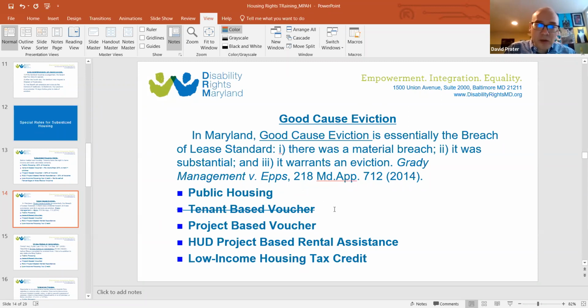Now that's true of public housing, project-based voucher housing, HUD project-based rental assistance, and the low-income housing tax credit program. It is not true of a recipient of a tenant-based voucher. A landlord can decide that they are not going to renew the lease for a resident who uses a tenant-based voucher.